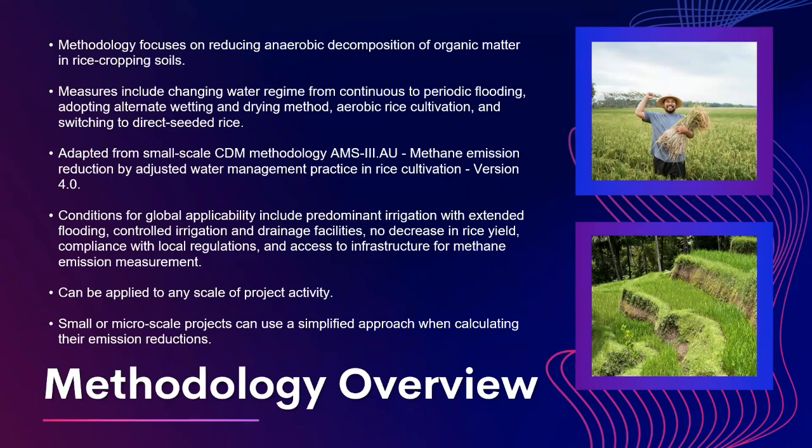This methodology can be applied to any scale of project activity, whether it's micro scale, small scale, or large scale. Now, for small or micro scale projects, you can use a simplified approach when calculating their emission reductions, which we'll look at later in this presentation.